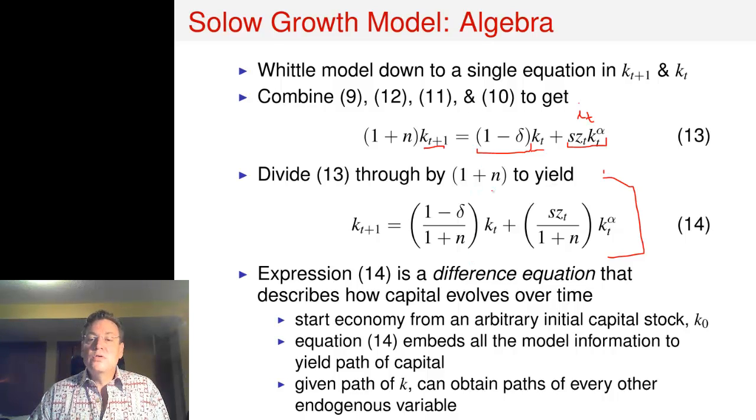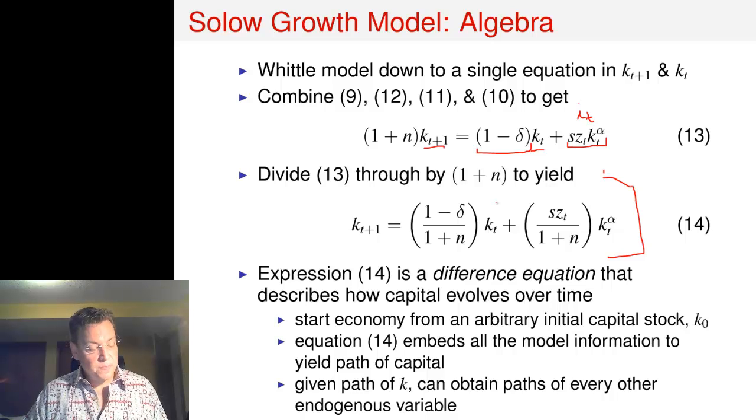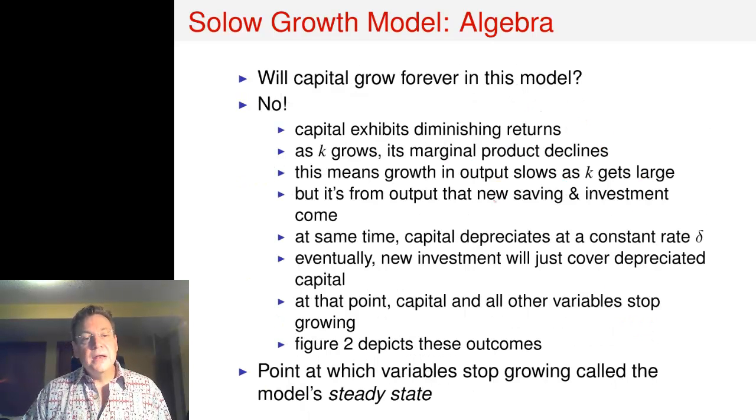Now, if you look at equation 14, it's natural to ask yourself, well, is it possible in this economy that the capital stock will just grow forever? And therefore, output will just grow forever? And the answer to that is no. And the reason is because capital exhibits diminishing returns. So in this sense, it is exactly analogous to what we were doing before with labor.